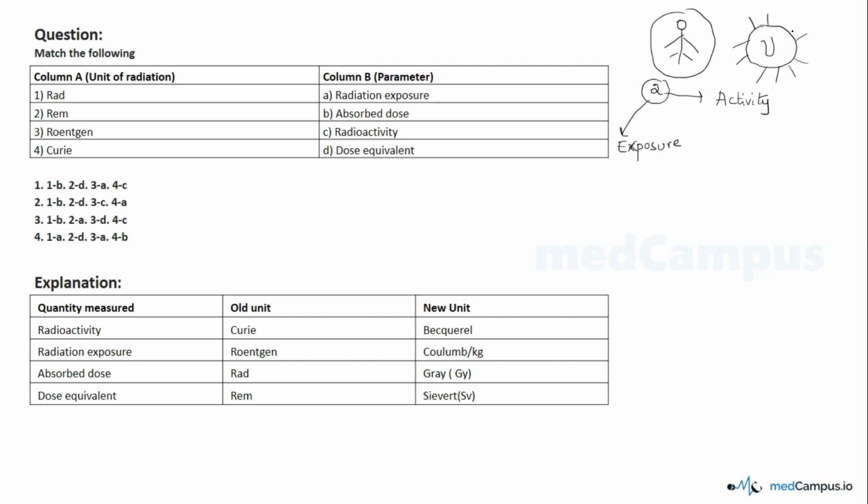There are different types of radiation: it can be an X-ray, a proton, a neutron, or alpha particles. These are the different types of ionizing radiation. For example, if this uranium emits about 100 units of radiation, I am not naming them, I am just saying it emits 100 units of radiation.